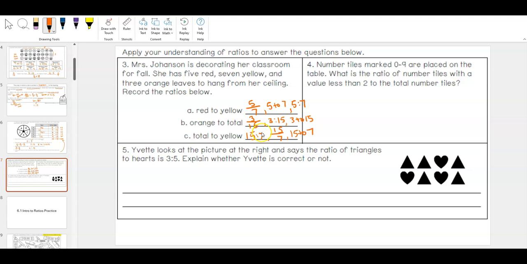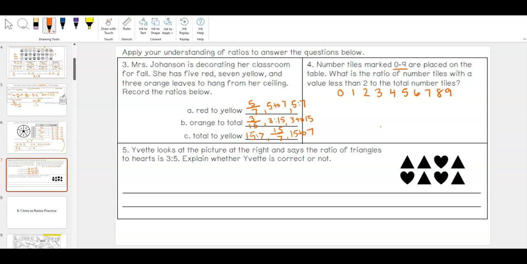My next practice problem is number tiles marked 0 to 9 are placed on a table. What is the ratio of number tiles with a value less than 2 to the total number of tiles? So for this one, you might want to draw out your number tiles if you're struggling, because you have the number tiles 0, 1, 2, 3, 4, 5, 6, 7, 8, and 9.